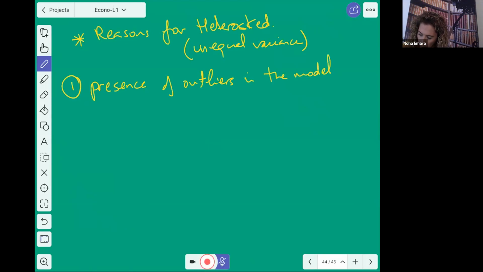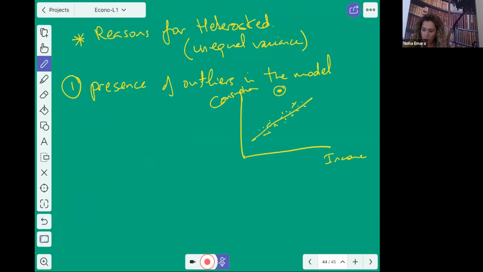if I have a model that I have here, consumption, this is consumption, and income, and this is the data set here saying that there is a positive relationship. However, I have one point out there. This is an outlier.